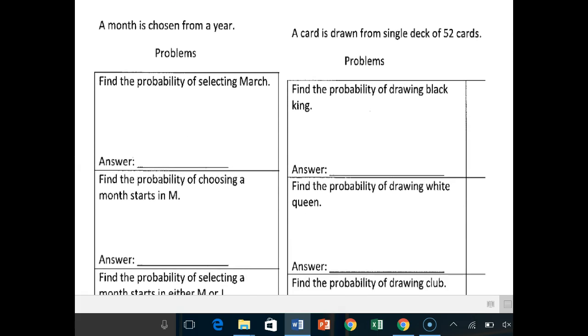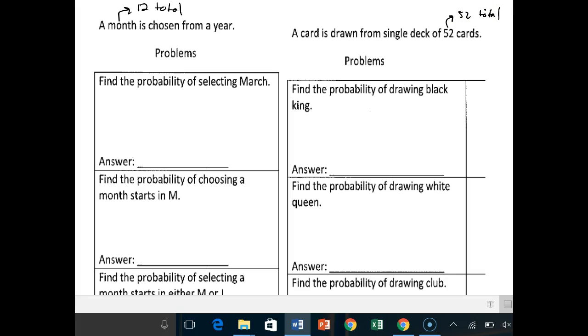All right. So before we begin this backside, there's a couple of things that you want to remember. For months in a year, there are 12 months total, so 12 total. For cards, it's a little bit different. So 52 is your total, and then there's a whole set of breakdowns. If you don't know cards, I'm going to try and help you out here.